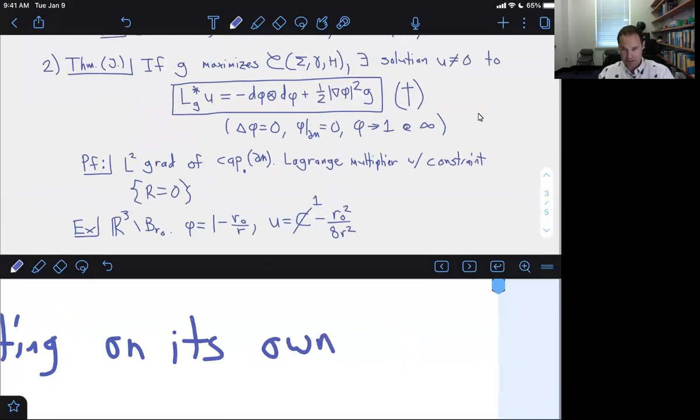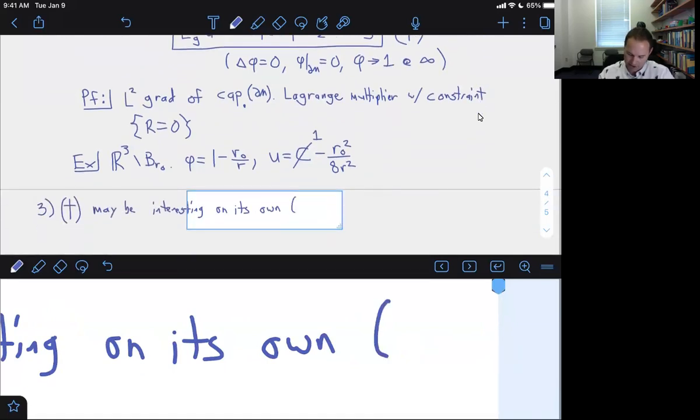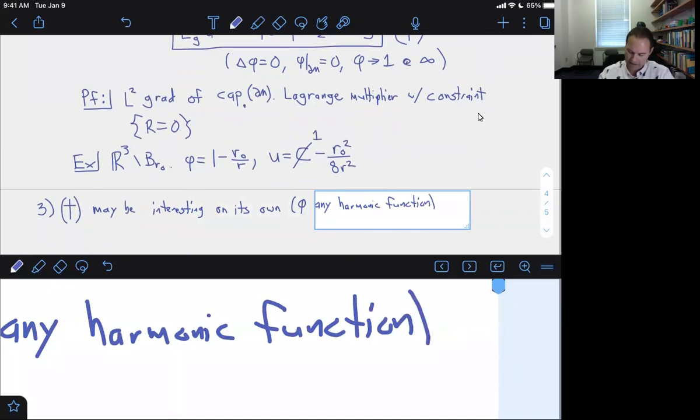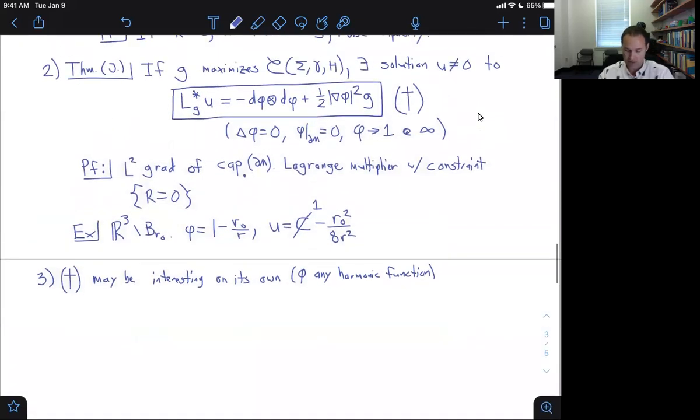And not just necessarily in this global asymptotically flat case, it could be interesting to study when phi is just any harmonic function, not necessarily a capacitary potential. So in that case, you could ask, what can you say about the geometry of metrics that admit a solution for some harmonic function phi and some potential function U?